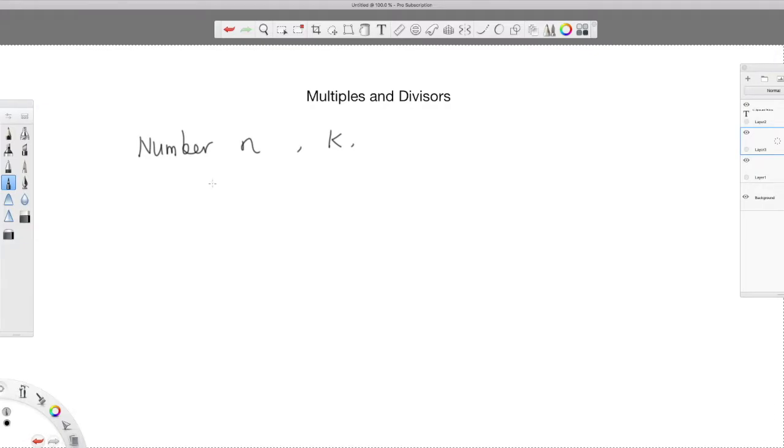We say n is a multiple of k if n equals k times something, k times another positive integer a. And that's really the definition of multiples.